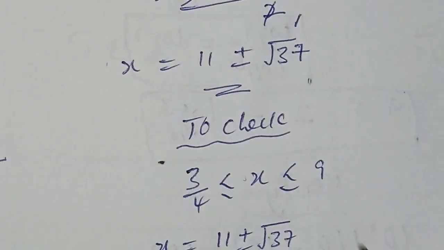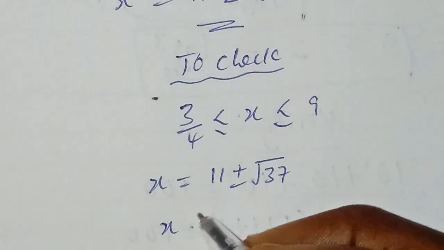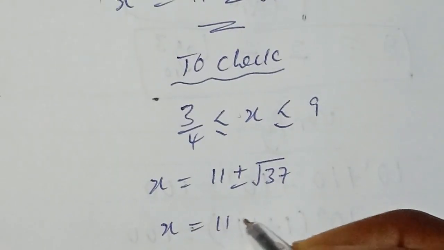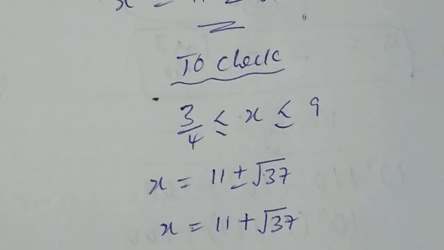Now the value of x equal to 11 plus or minus square root of 37. Now at x equal to 11 plus square root of 37, does it satisfy the domain?